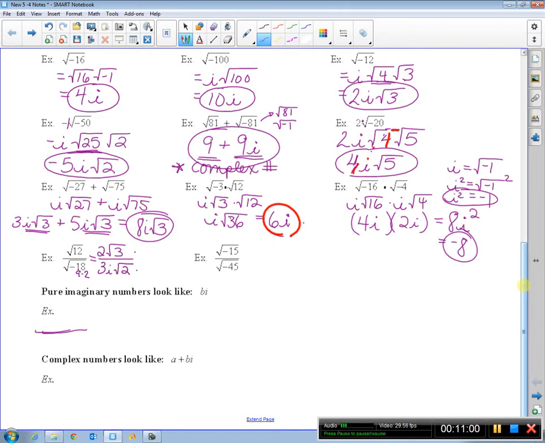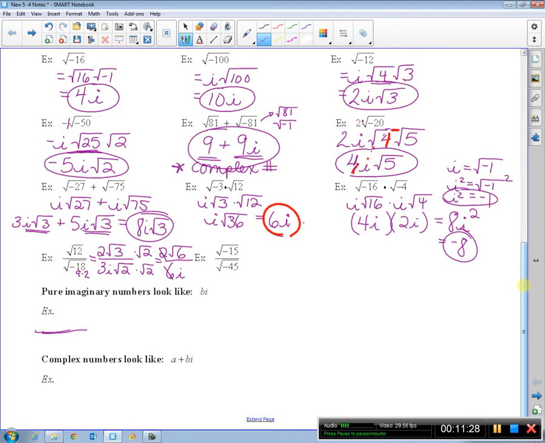Can't leave this radical 2 down there. So what are we going to get? Let's do the bottom first. 3 times 2 is 6. So we've got 6i. And on the top, 2 times 2 radical 6. Now we're not done. 2 and 6 can be reduced.